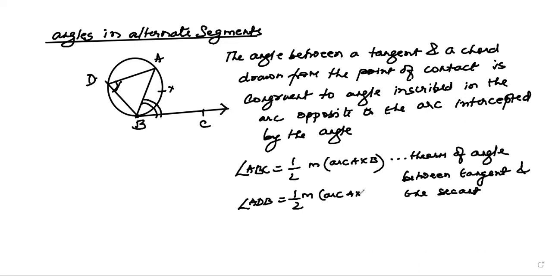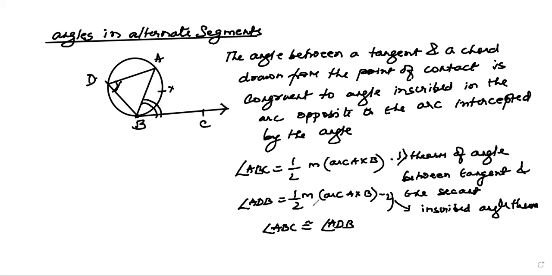Suppose I call these angles 1 and 2. The reason is the inscribed angle theorem. Now look at 1 and 2: on the right-hand side both are half the measure of arc AXB. So angle ABC is congruent to angle ADB.